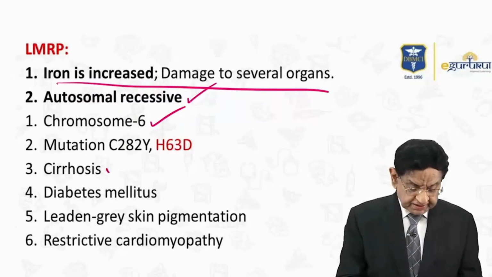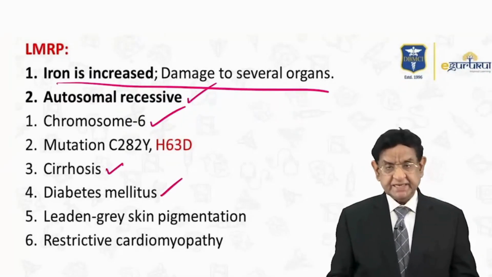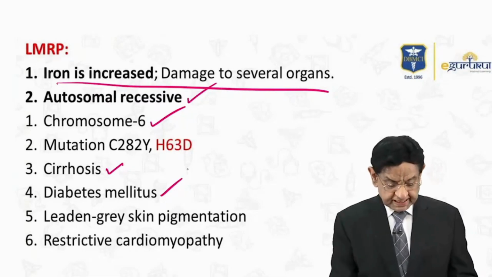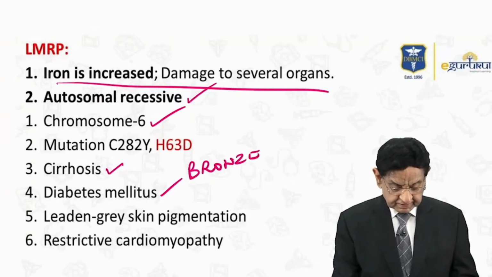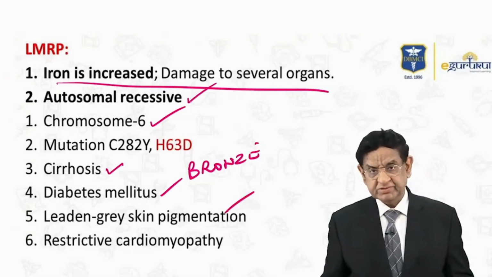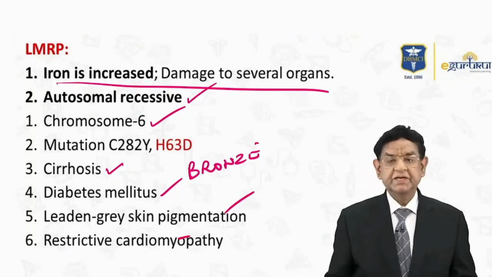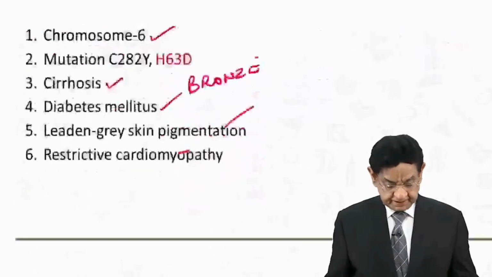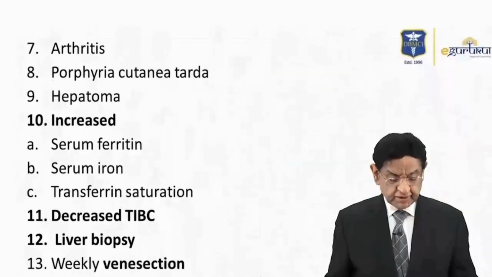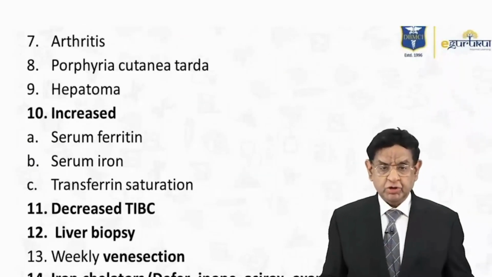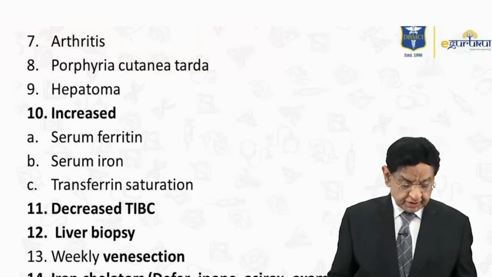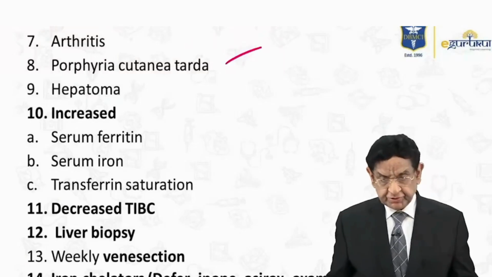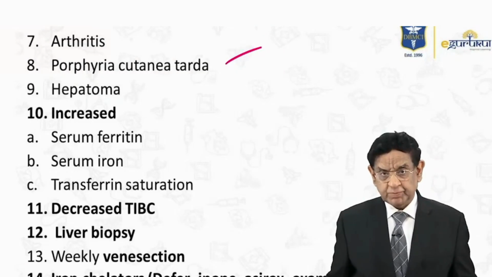The clinical features are cirrhosis, diabetes mellitus, so-called bronze diabetes, gray pigmentation of skin, restrictive cardiomyopathy, arthritis, especially pseudogout of the second and third metacarpophalangeal joints, and porphyria cutanea tarda and hepatoma can occur.